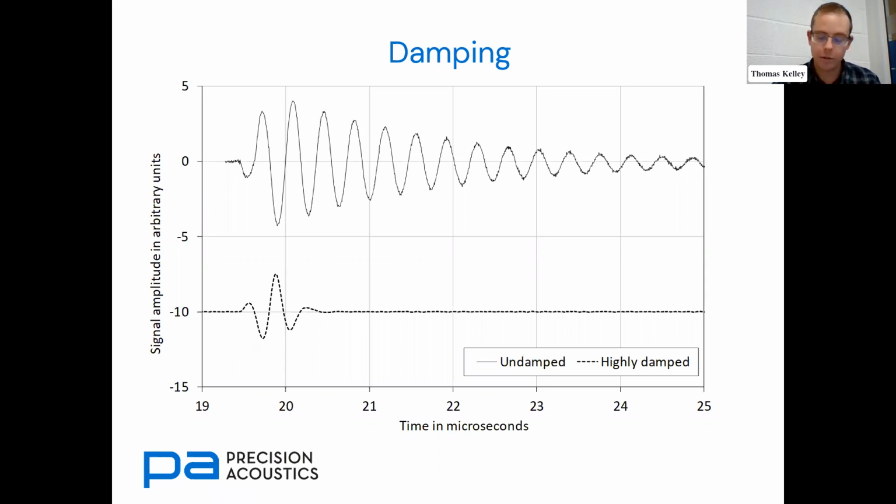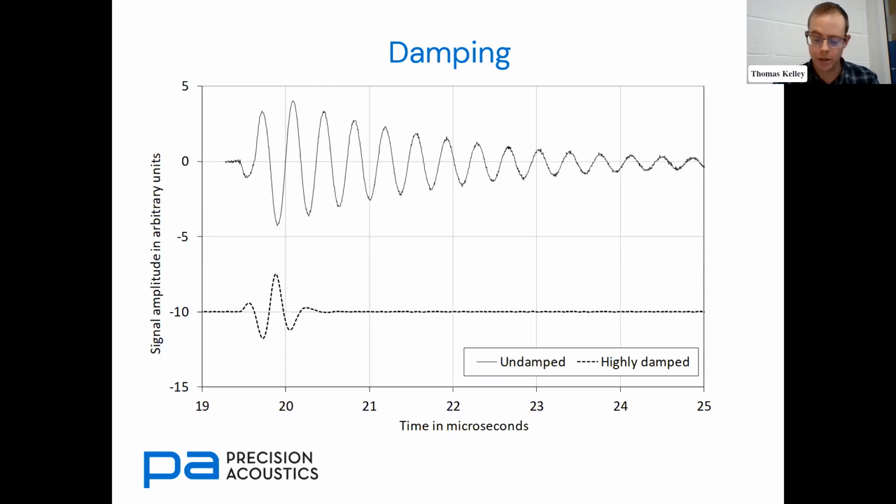So it's not great if you're looking to resolve an echo from two sides of a thin sheet of metal, for example, but it's ideal if you're looking to generate a high amplitude wave with enough energy to interact with something, maybe a therapeutic medical device or a high power ultrasonic welding or a cleaning transducer.